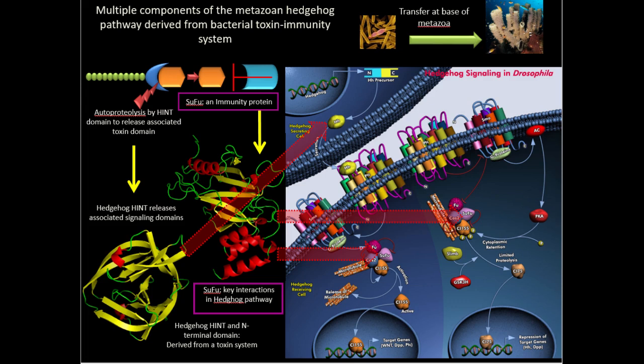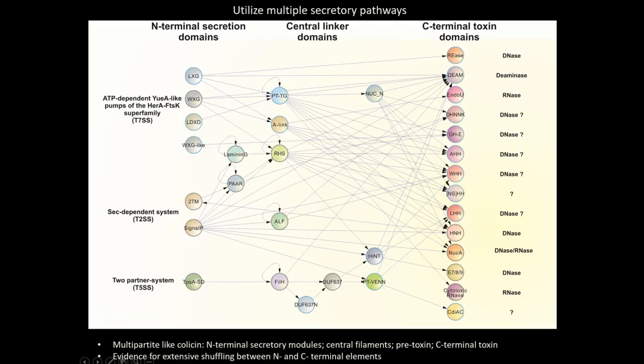polymorphic toxin system. Similarly, the polymorphic toxin tips, and why I call them tips is because the toxin proteins tend to be large proteins, which have N-terminal domains associated with secretion, central domains associated with encasement, display, and proteolytic processing of the toxin.